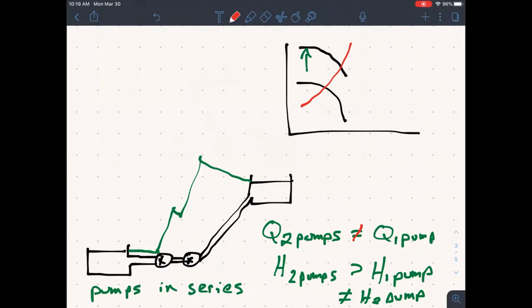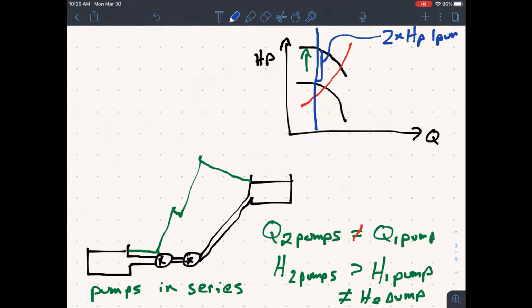Because anytime you move the pump curve, because you, in this case, increased the head for a given discharge rate, if I were to just draw a line through here, the head is 2 times the head of one pump for that particular curve.